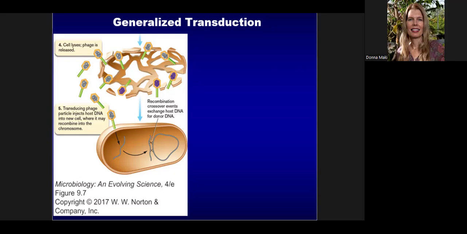Right. And so now this virus particle finds a neighbor bacteria and injects some of that DNA from the first host. Now this bacteria could say, hey, I'll take advantage of that, and they might paste it into their chromosome, and it might be useful for the second host.